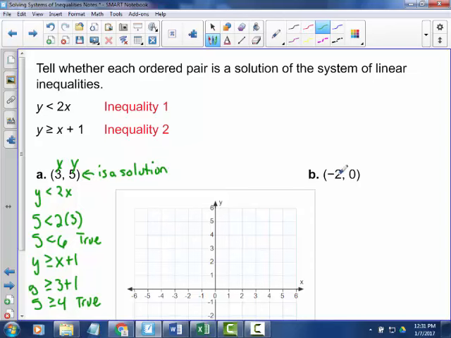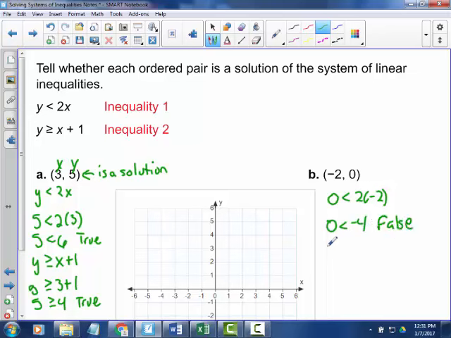Okay, similarly we can do that with (-2, 0). So for our first inequality, y is less than 2x, we'll say 0 is less than 2 times negative 2, which is 0 is less than negative 4. This is false.